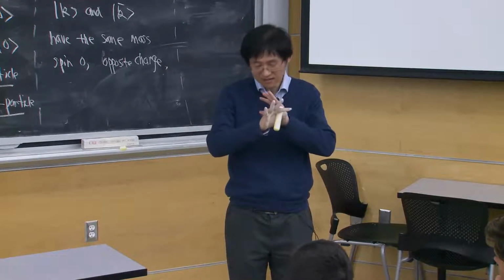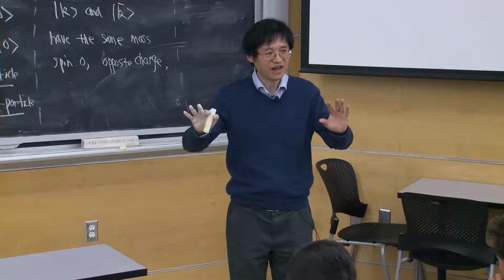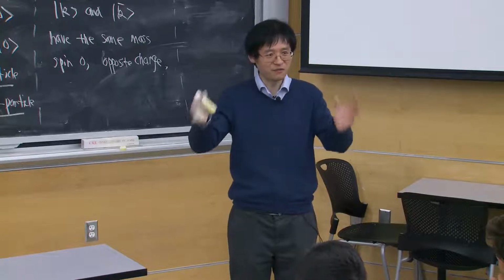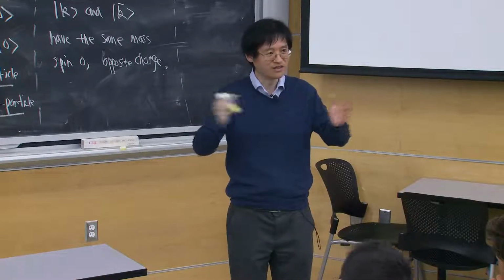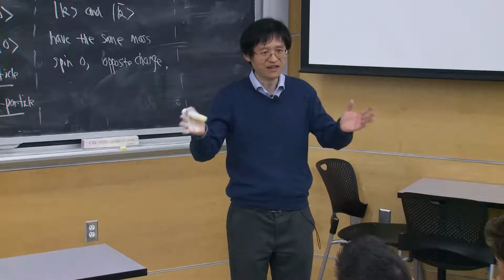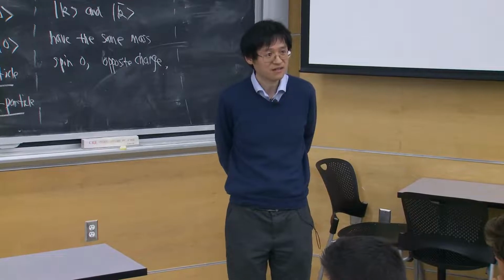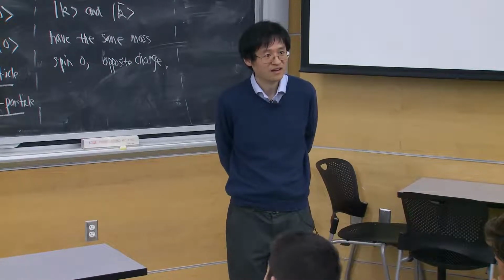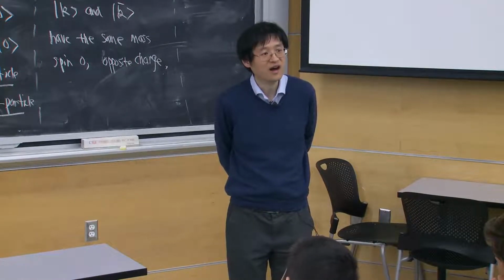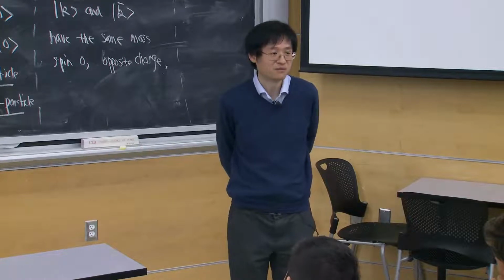They have essentially identical properties. And if the world were made of antimatter, everything would still behave the same, except the charge is different. Is the difference between the number of antiparticles and particles conserved? Yeah, it's conserved.